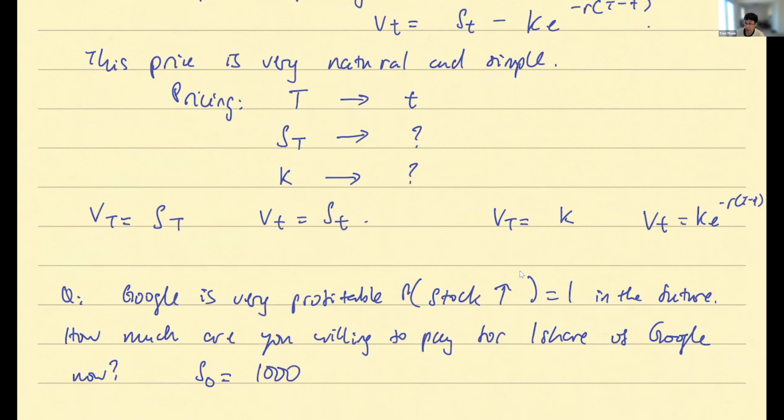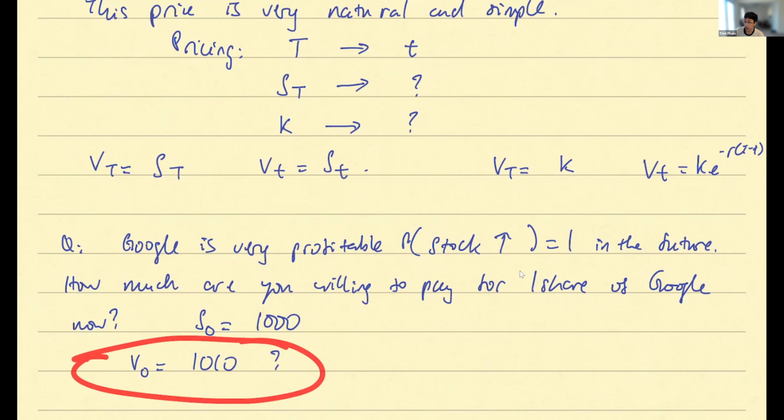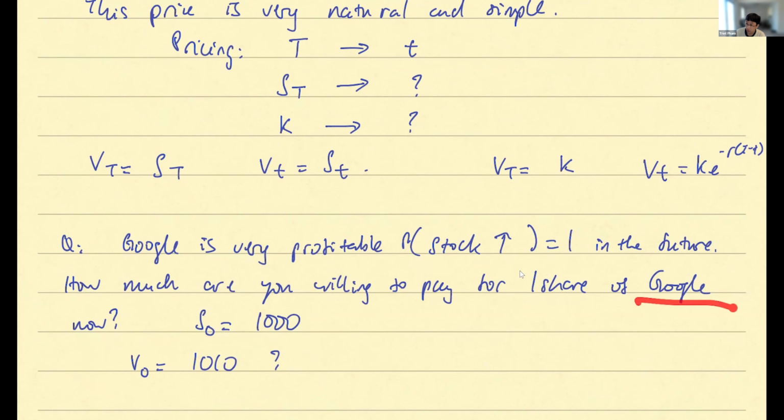Suppose the person says, I do know by insider information that Google stock is guaranteed to go up a lot. Now, are you willing to pay, let's say, $110 for a share of Google stock to have a chance that it goes up in the future? Yes or no? Will you pay $110 for a share of Google?